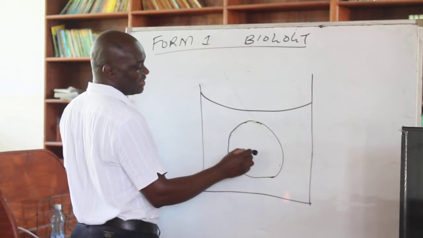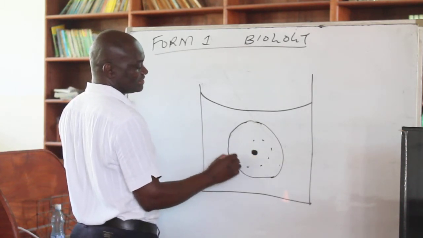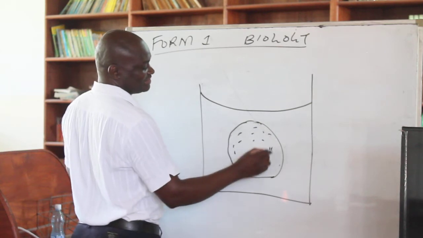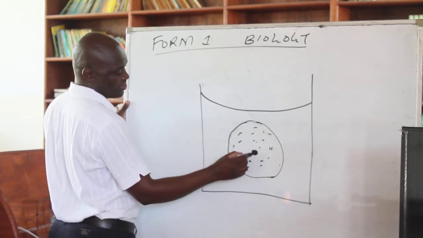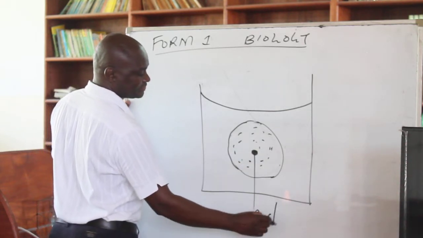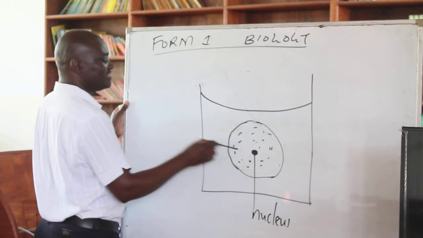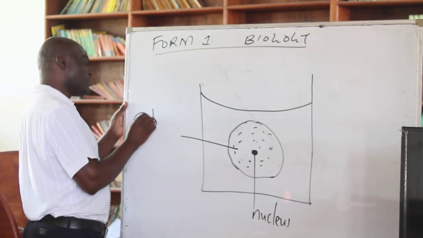This animal cell has a cytoplasm. So this is the nucleus of this cell, and this is the cytoplasm.